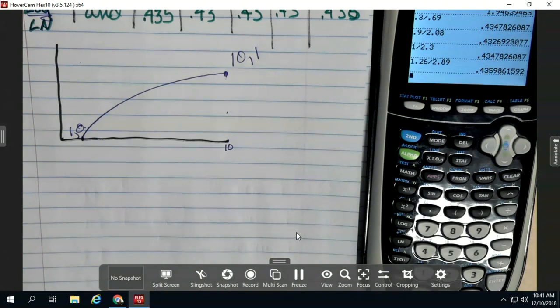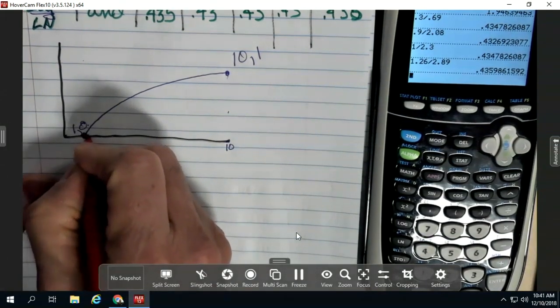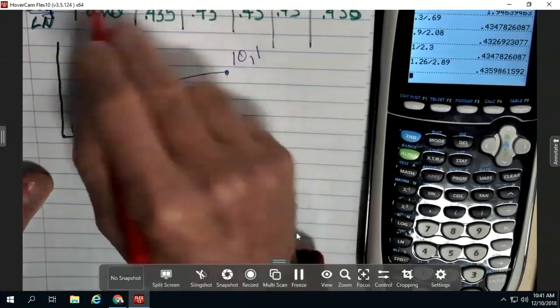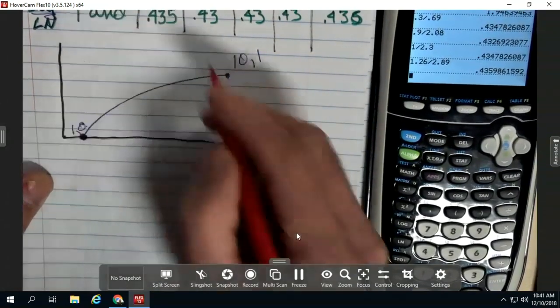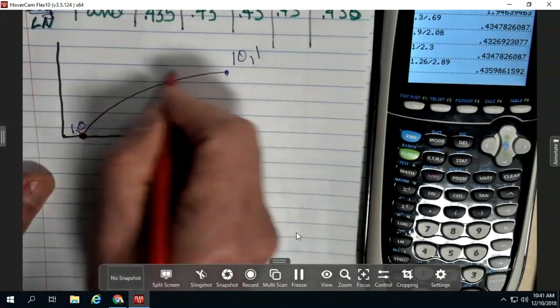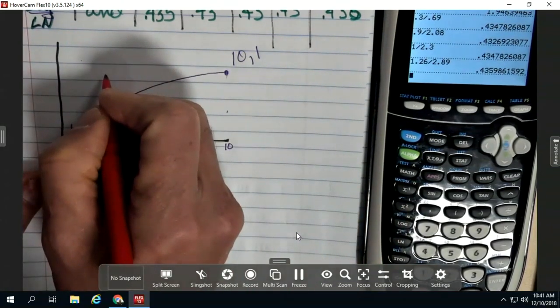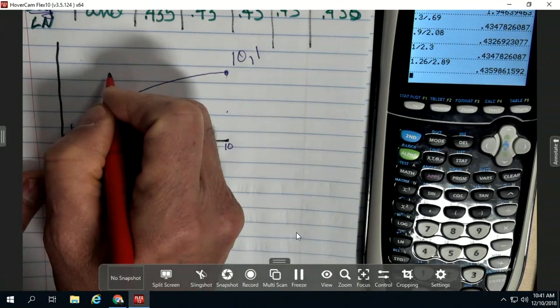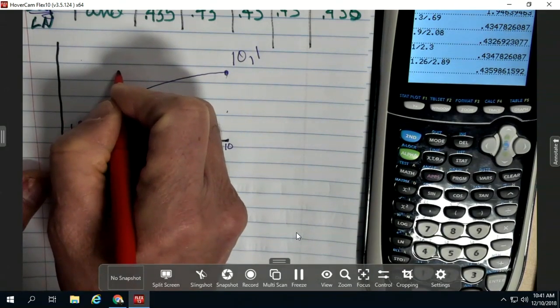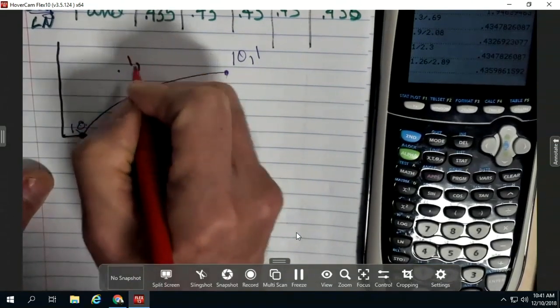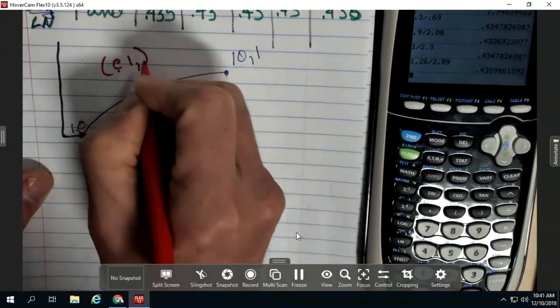The ln function, natural log they call it, is still going to go through the point over 1, up 0, but it's going to reach the number 1 back here at E. Up 1 when you go over E.